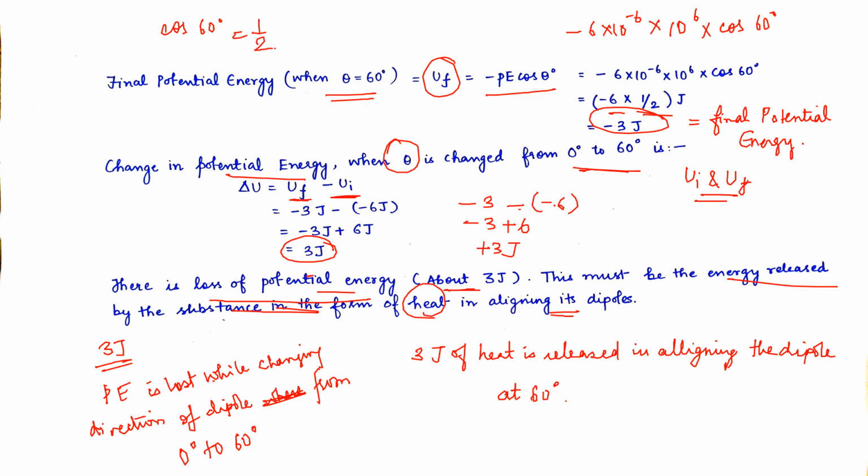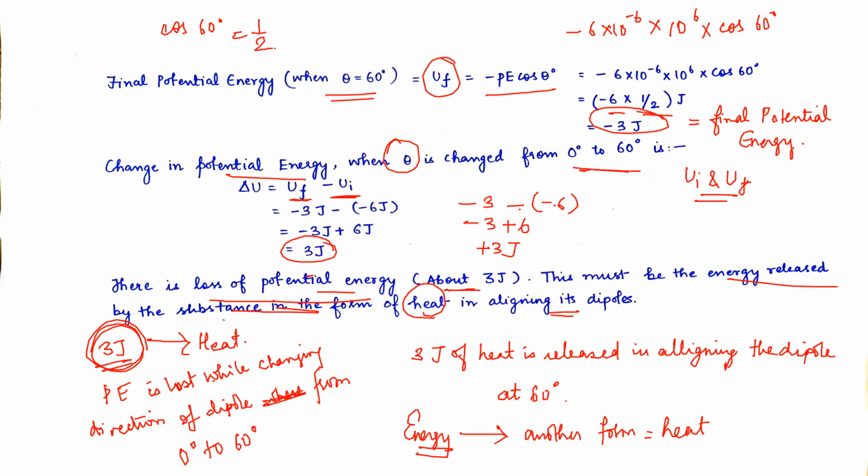How do we find it out? Energy, when released outside, will be released as another form of energy, and the other form of energy which we see most of the time is heat. That's why we concluded that this particular loss of energy is converted to heat.